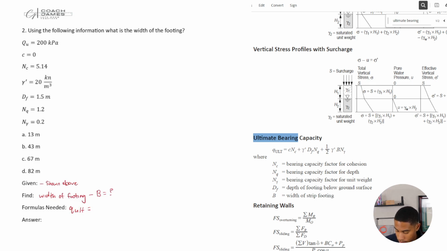So Q ult is equal to C NC plus Y bar D sub F NQ plus 1 over 2 Y prime times B NY. All right, so let's solve for the values that we have.